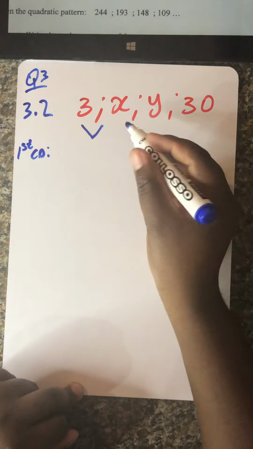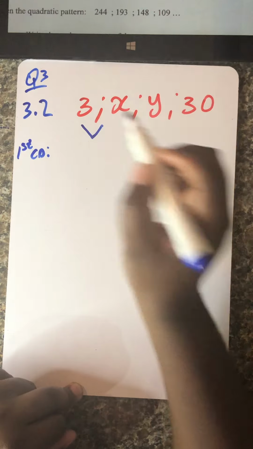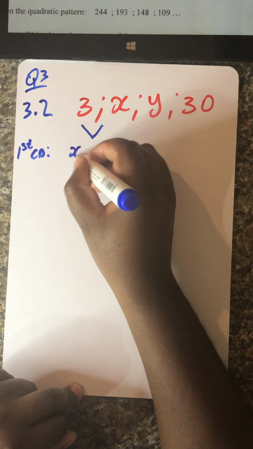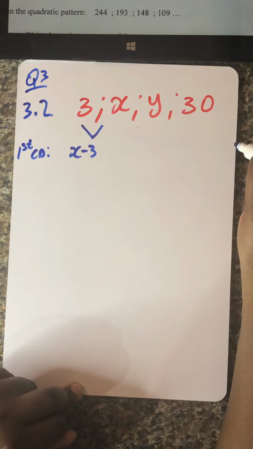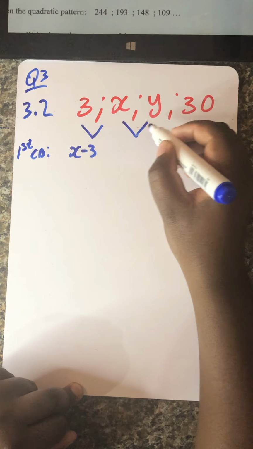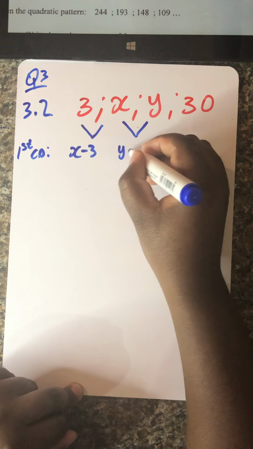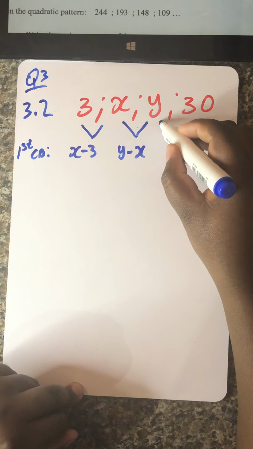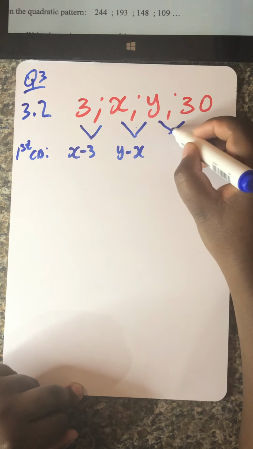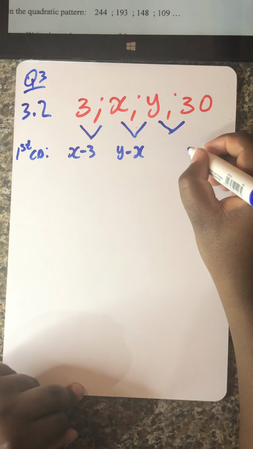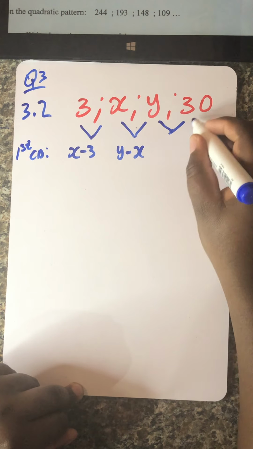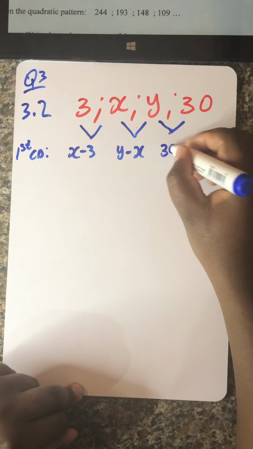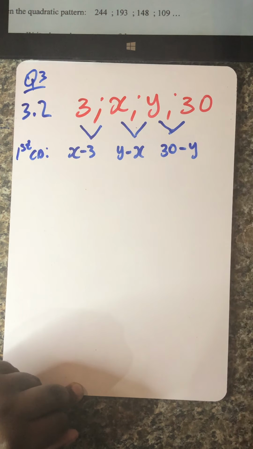So the first common difference is x minus 3. Then I've got y minus x. Then from there I should be having 30 minus y.